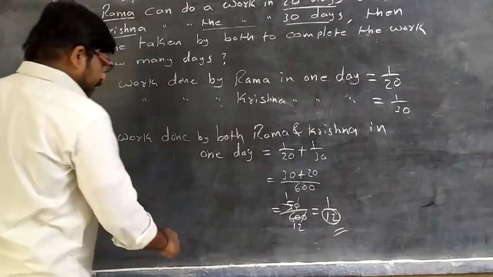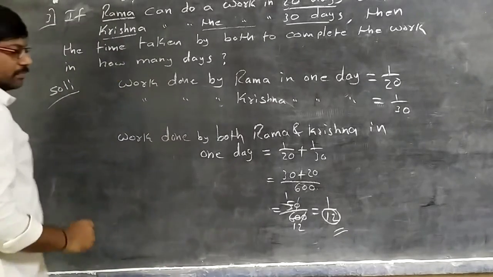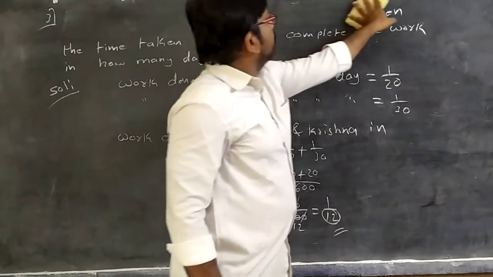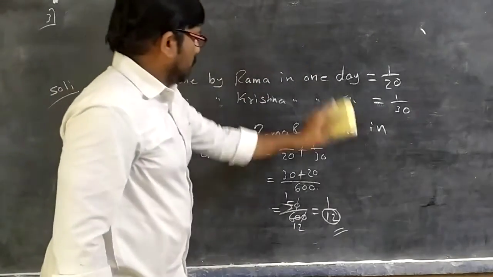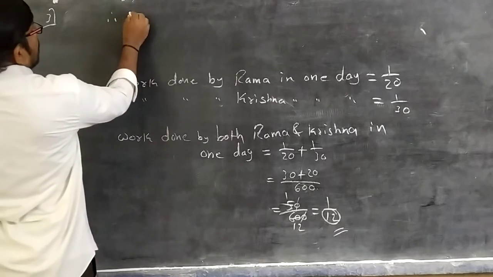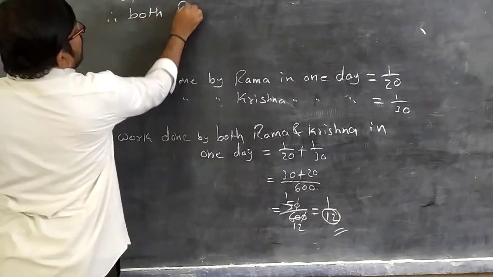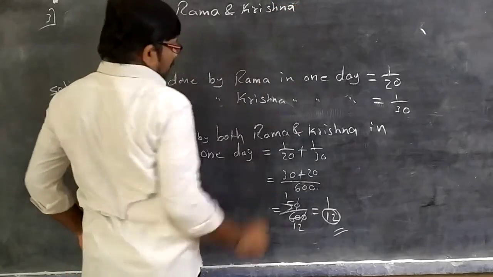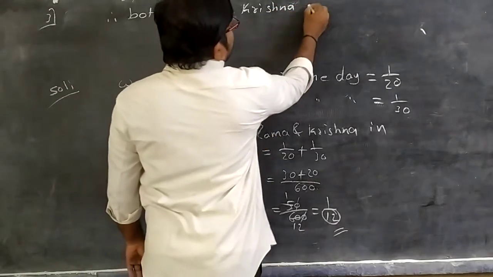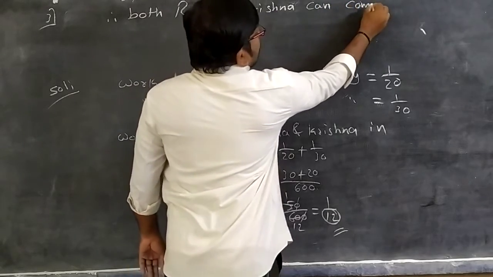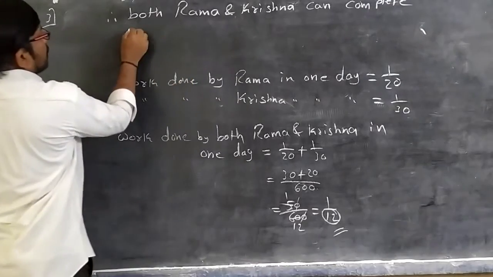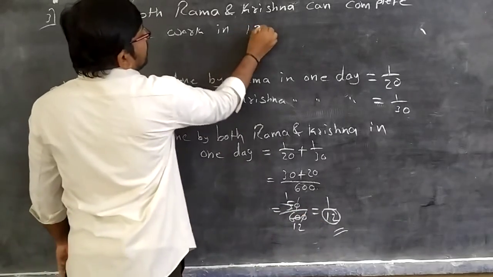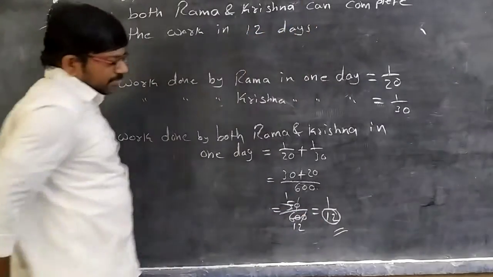So therefore both together, Rama and Krishna, can complete the work in 12 days, right? That's it.